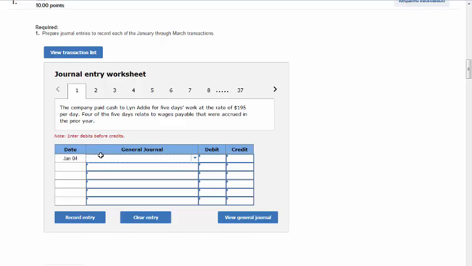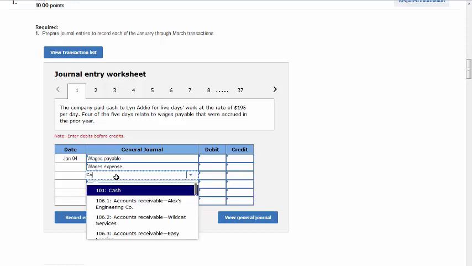So I'm going to look for the wages payable account. And it should come up, and I can just select it. And I'm also going to debit the wages expense for the 1 day. And then I will credit the cash because I'm paying cash.